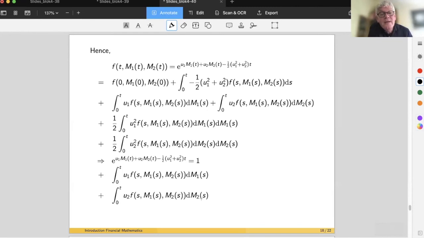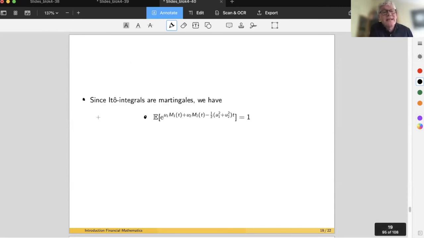These are two Ito integrals with respect to the martingale. The Ito integrals are martingales, and therefore their expectation is equal to 0.